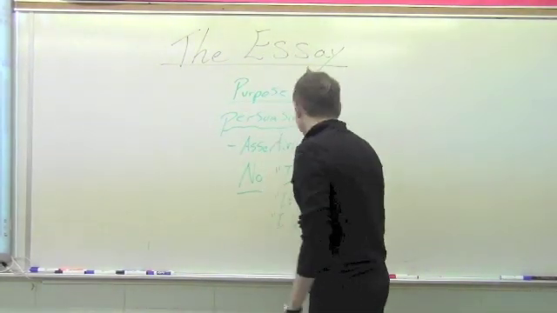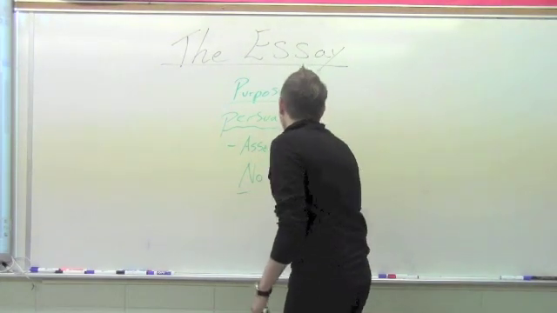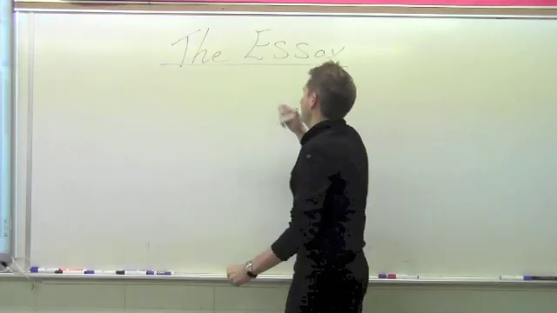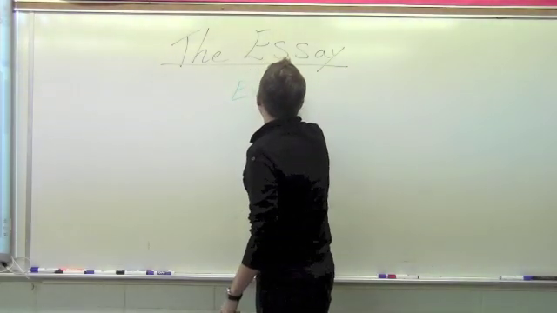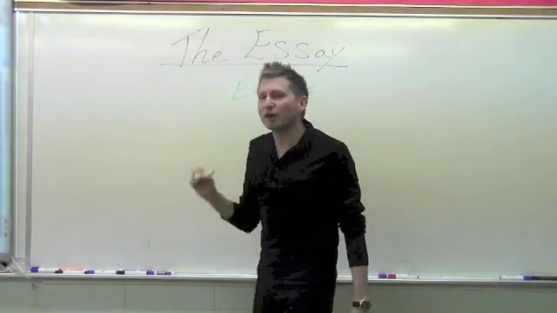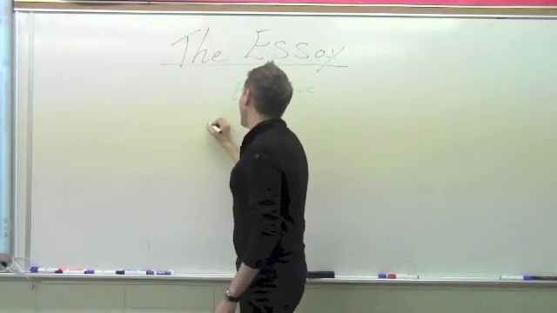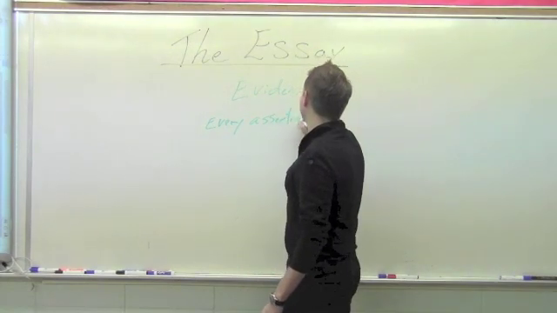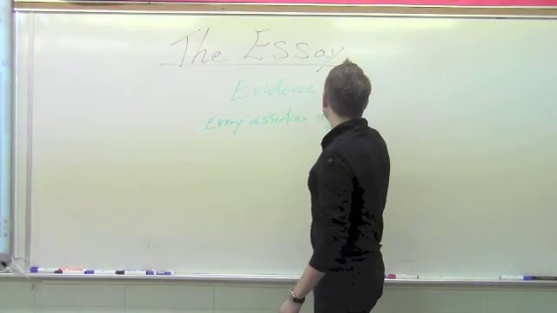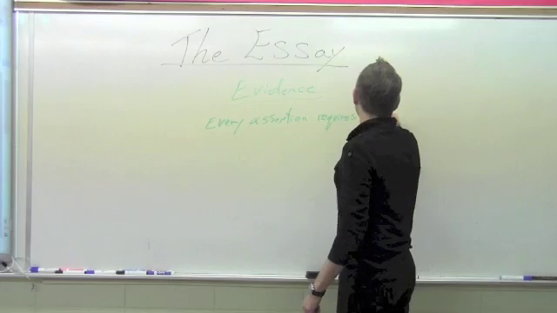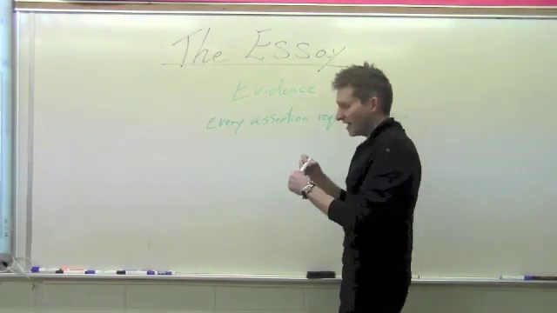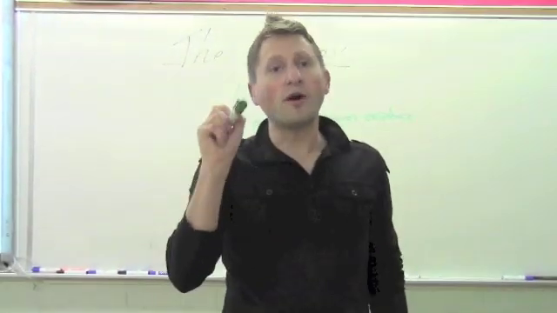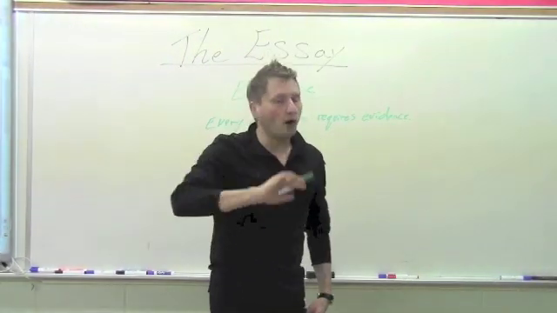Step two, evidence. You need to provide evidence if you want people to believe you. Every assertion requires evidence. In the short story, or the short film, The Boy Who Wanted to Be a Lion, we've all watched that now.